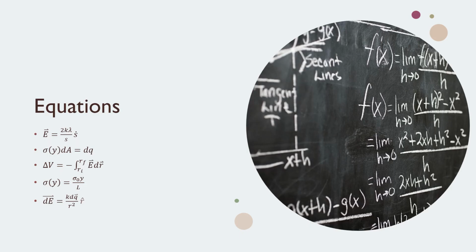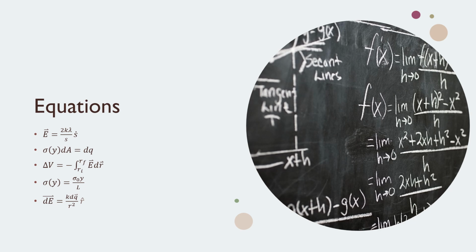The first one we used was our electric field equation, which is 2k lambda over s squared s hat. And then our second one is our sigma times the area, which we inferred would be dx dy, is equal to dq.